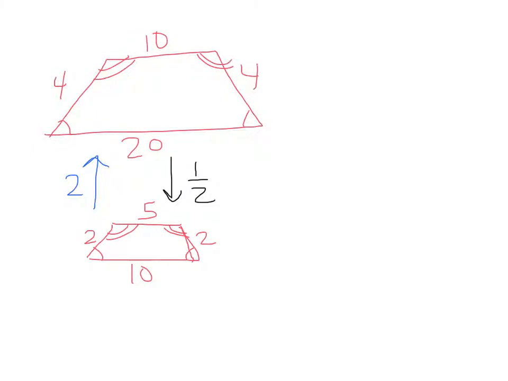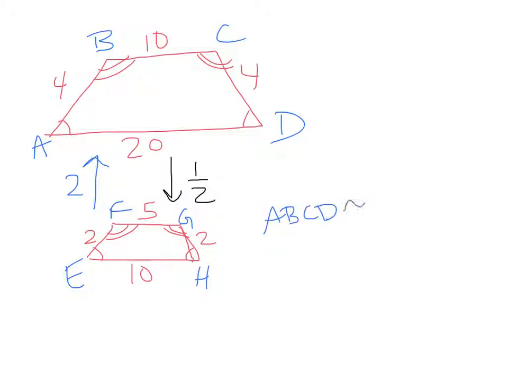Some notation: ABCD and EFGH. We would say ABCD is similar to EFGH. This symbol means "is similar to."